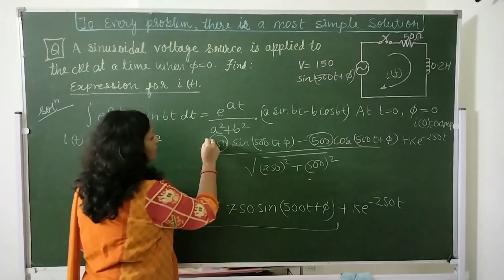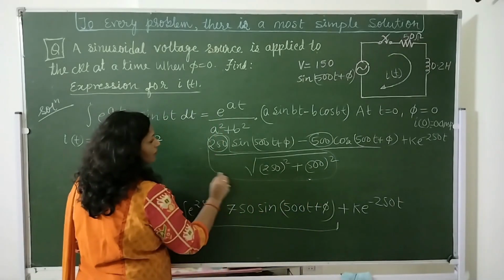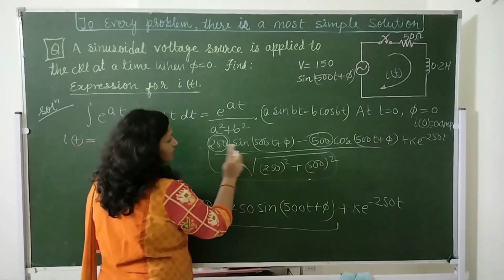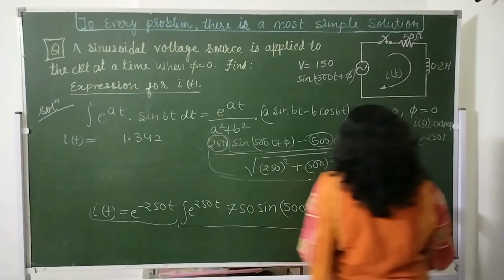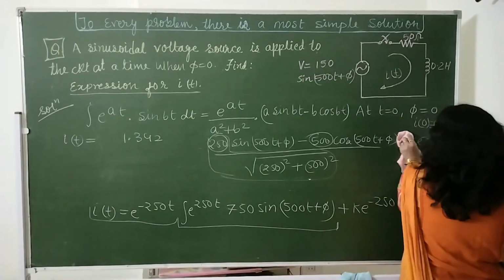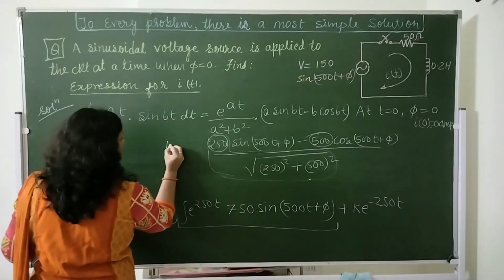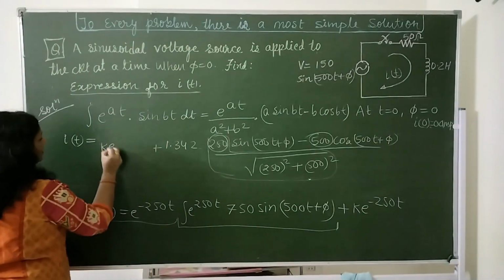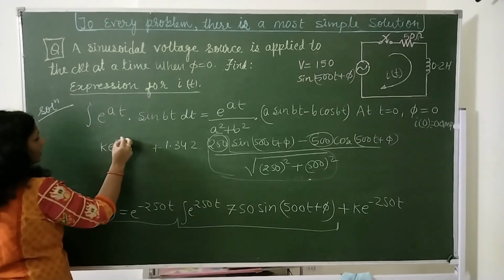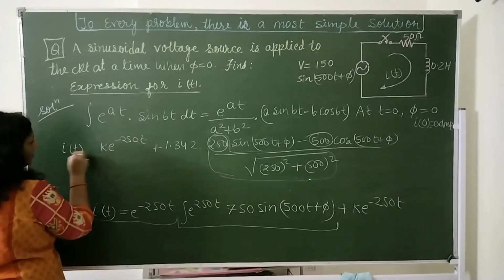Now we can replace the coefficients with cos theta and sin theta, because sine is already there, so we can apply the identity sin A cos B minus cos A sin B. So this is 1.342 plus K e to the power minus 250t. This is our i(t).